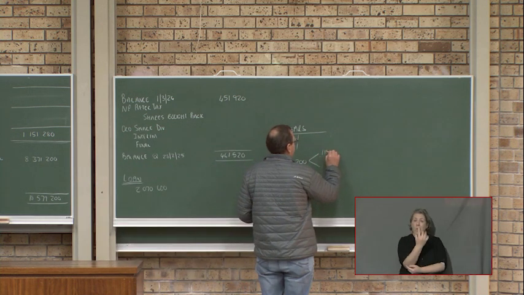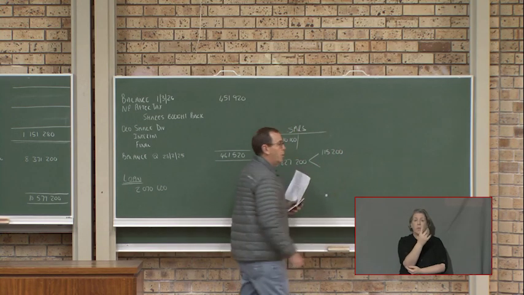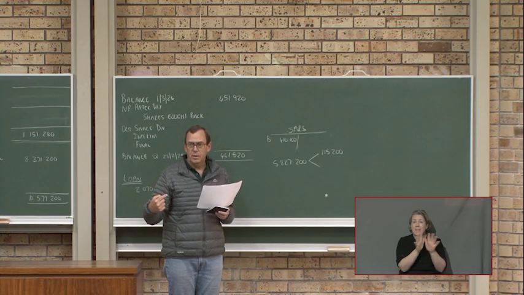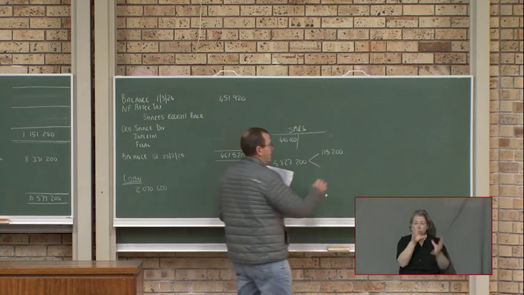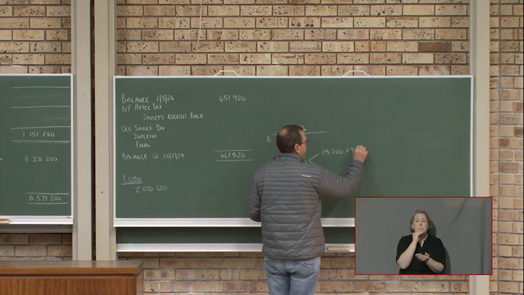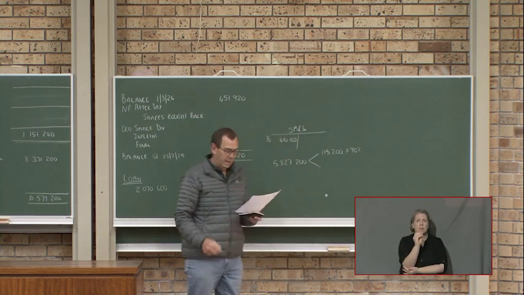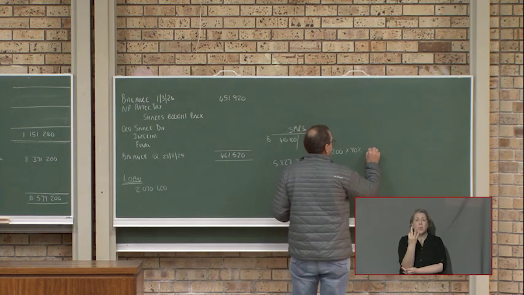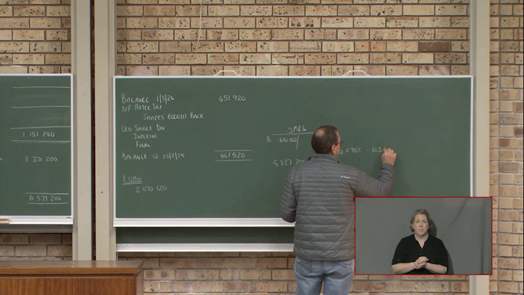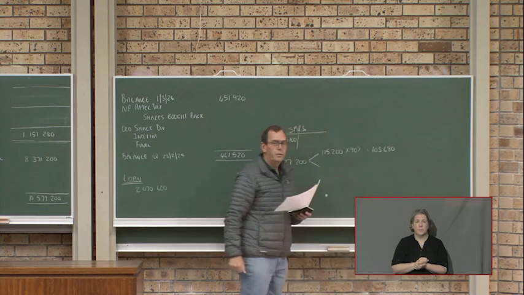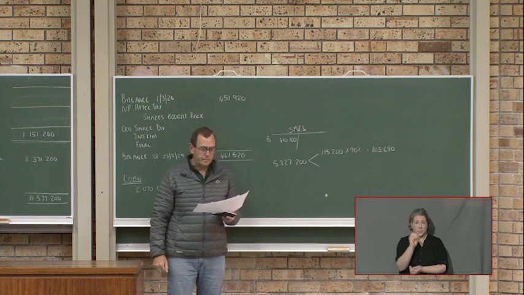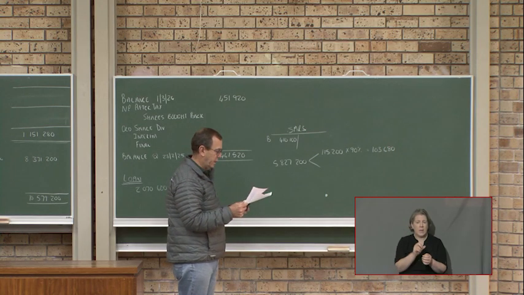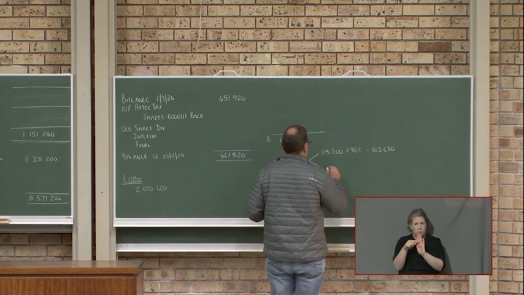The 115,200 we've sold at 10% less than the cost price. Am I right? So we sold that at 90% of the price. That will give you 103,680. The other part of the 5827, if you get the difference, it's 5712.